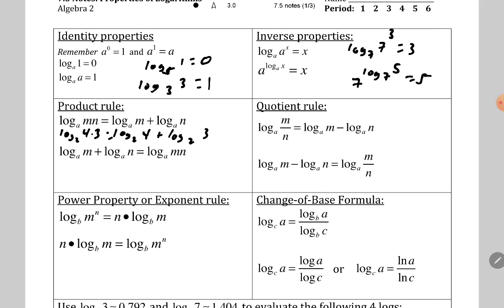So you can expand these, or you can condense them. So if I had log base 2 of 4 plus log base 2 of 3, that is the same thing as log base 2 of 4 times 3, which is 12.